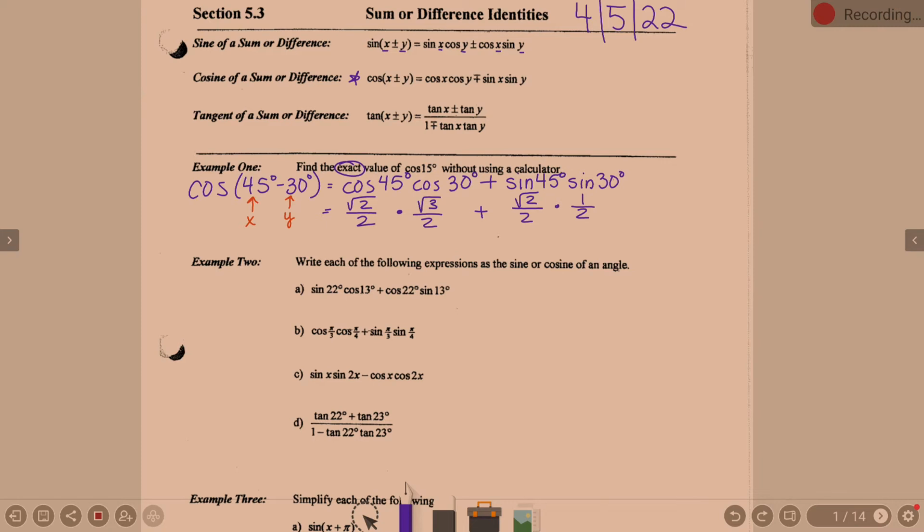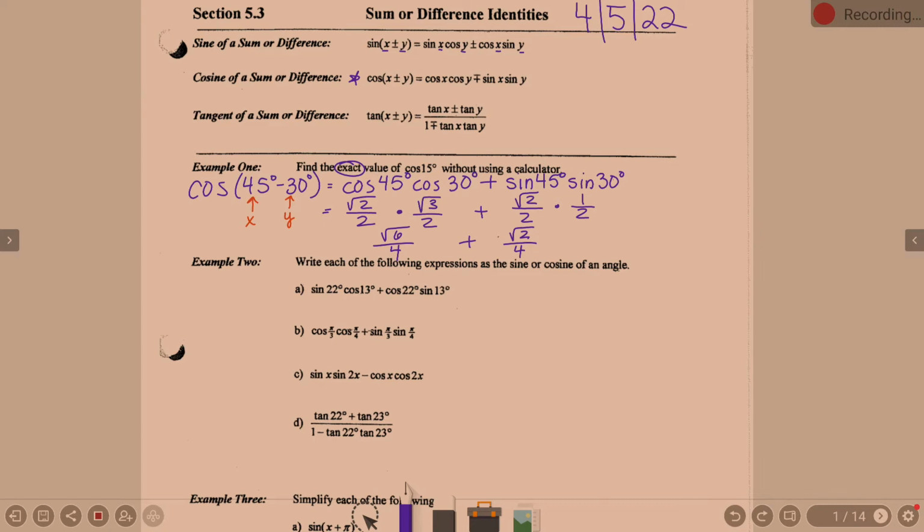Square root of 2 times square root of 3 is going to be square root of 6 over 2 times 2, which is 4, plus square root of 2 times 1 is going to be square root of 2 over 2 times 2, which is 4.